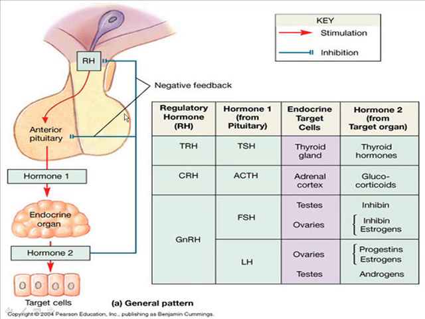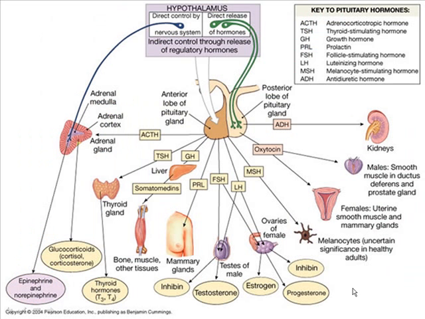And this chart basically gives you the releasing hormone, the primary hormone that's produced, where the endocrine target cell is, and then the target organ where these hormones will cause their effect. And then this shows you how extensively the hypothalamus, the pituitary gland, and the hormones produced by these organ systems diffusely affect the body.